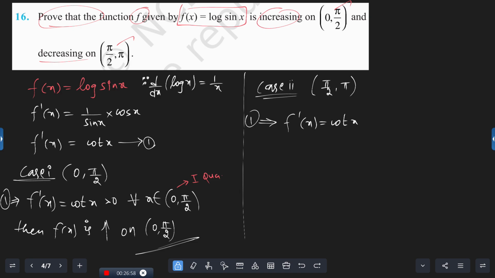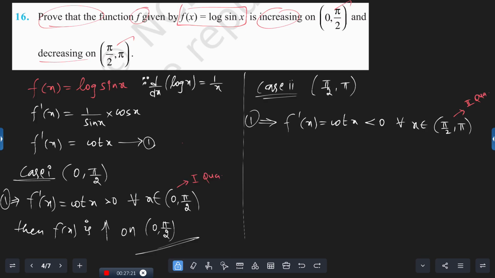In the second quadrant, which are positive? Sine and cosecant. So cot and all others are negative. So this is less than 0 for all x belongs to pi by 2 comma pi. The reason is that this is the second quadrant, and cot is negative.